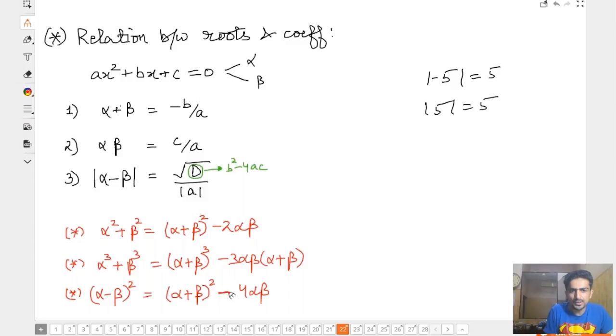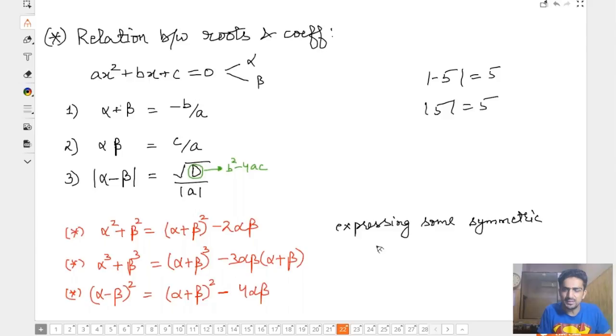What I'm actually doing, primarily, is trying to express these left hand sides in terms of alpha plus beta and alpha into beta. These are some symmetric expressions: alpha square plus beta square, alpha cube plus beta cube.